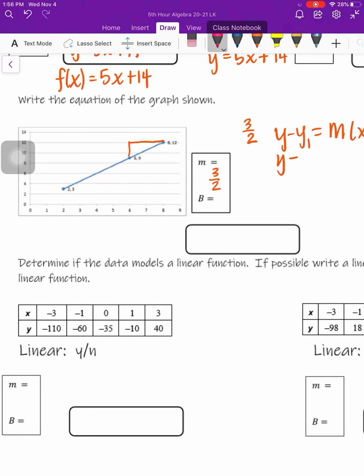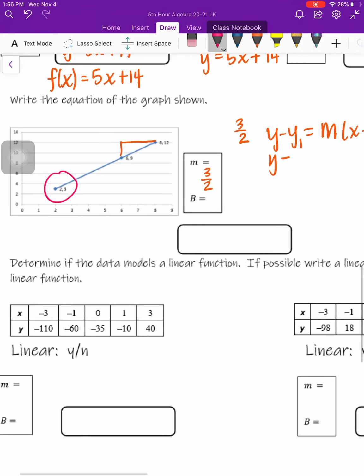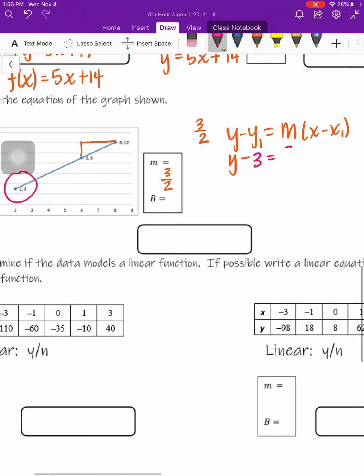Let's use this ordered pair, 2, 3. So y minus 3 equals my slope, 3/2, times x minus, we'll use the x coordinate, 2.